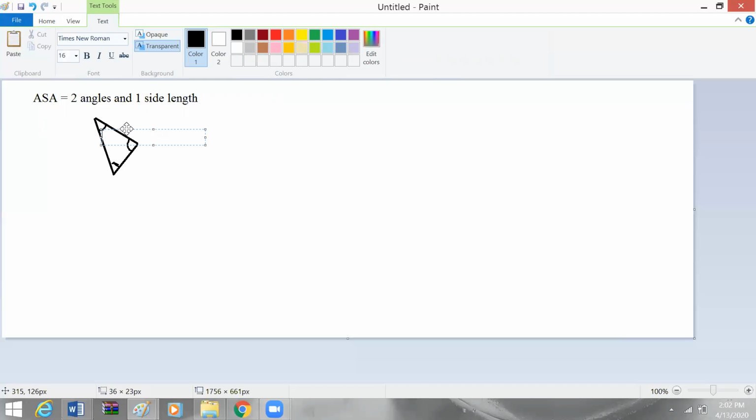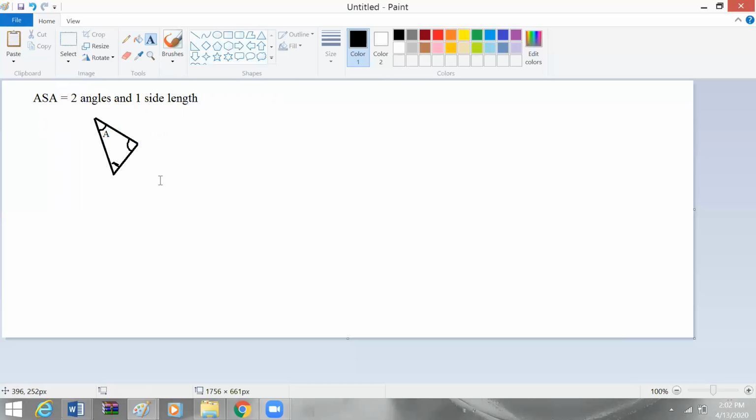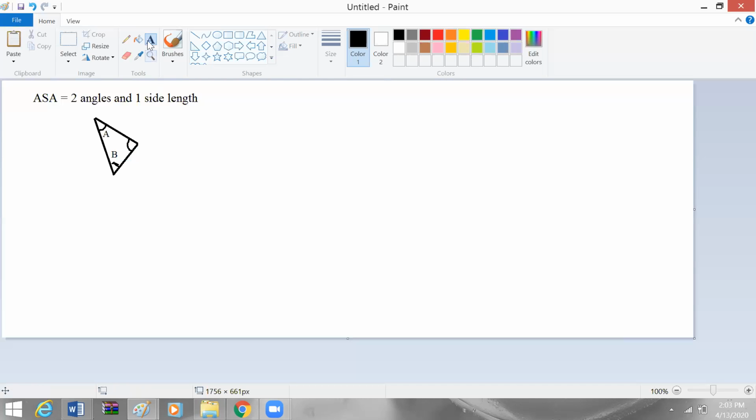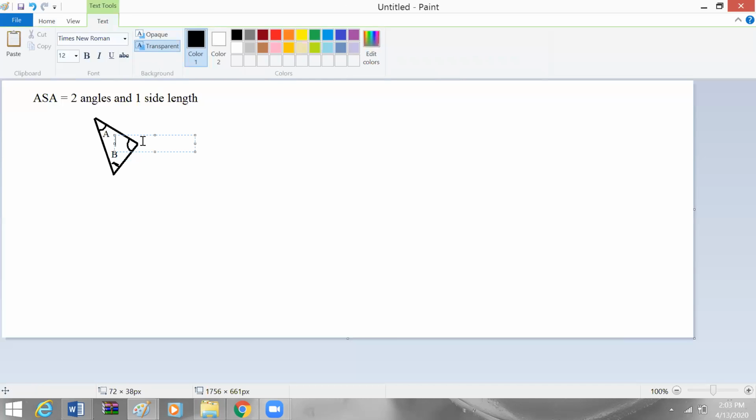So this is A. Let me make it relatively small so that we can really know how to deal with things. And this part is B, and this part is C.